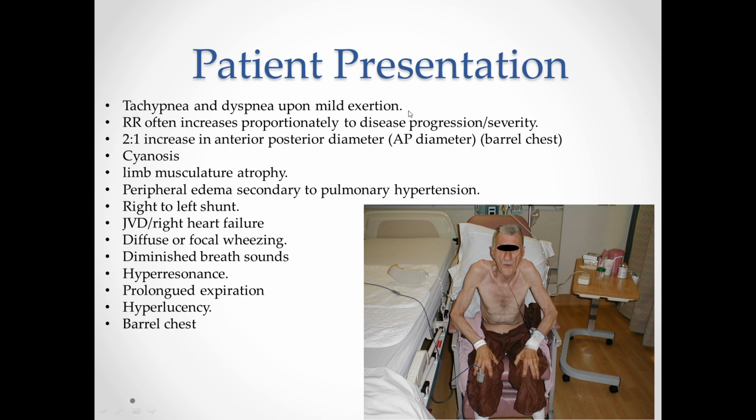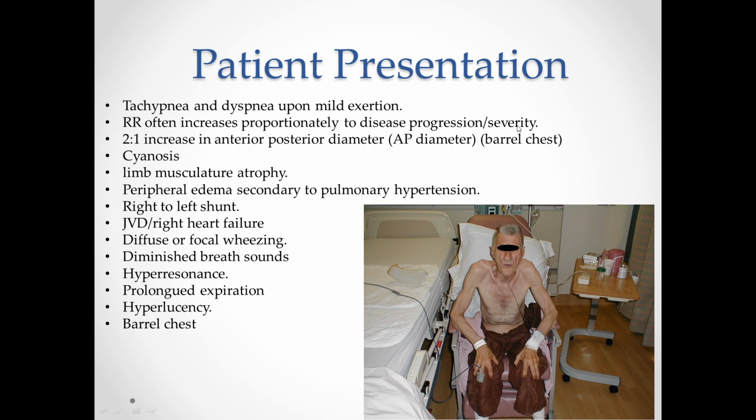And so therefore it's much more difficult for them to deal with certain cardiopulmonary insults or certain insults that result in enhanced CO2 production. It's hard for them to change their ventilation of their distal alveolar spaces. They often have a respiratory rate that increases proportionally to disease progression and or severity.